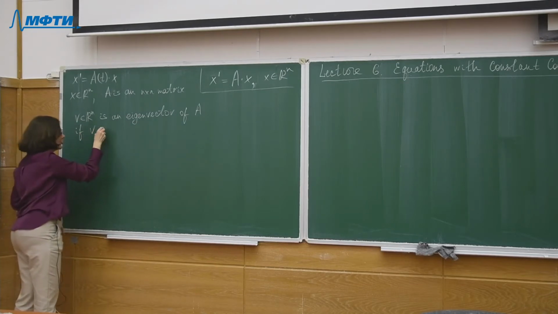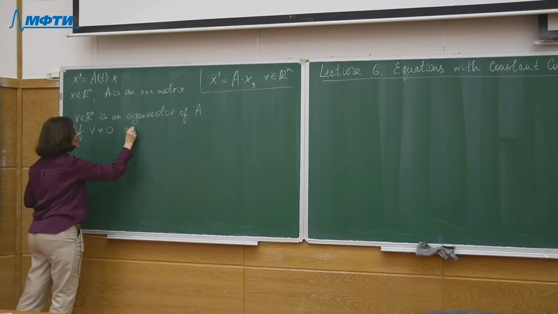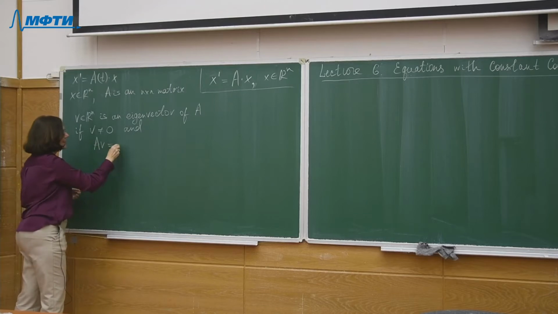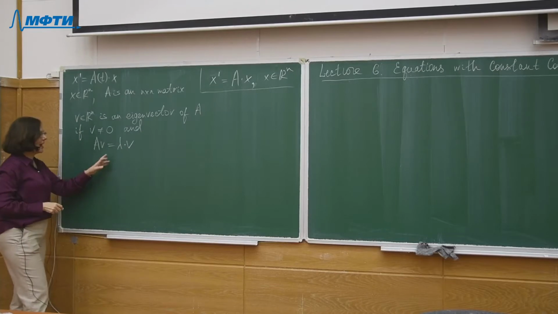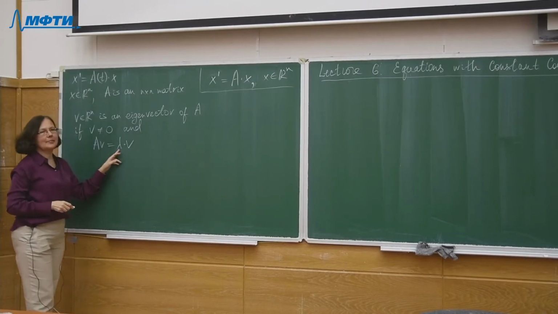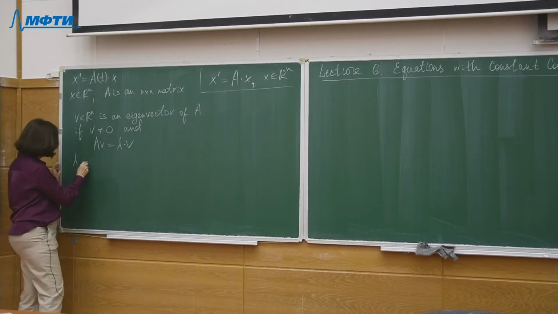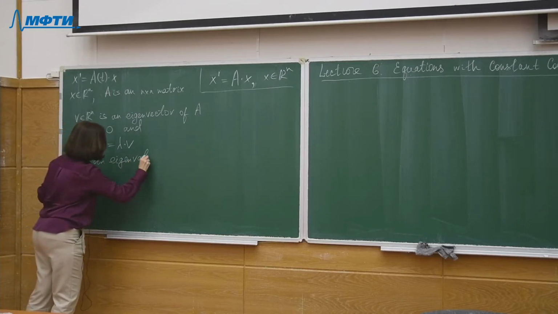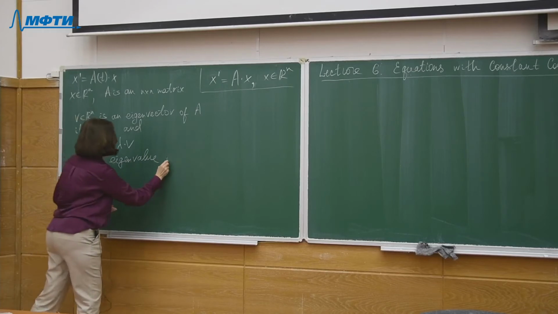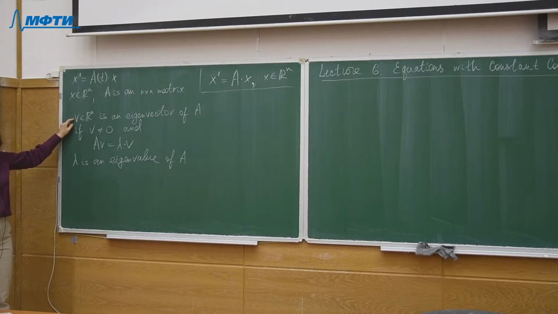V must be non-zero, and AV equals some constant lambda times V. And if this is the case, lambda is called an eigenvalue of the matrix A, associated with this given eigenvector. Okay, so we will use this definition.